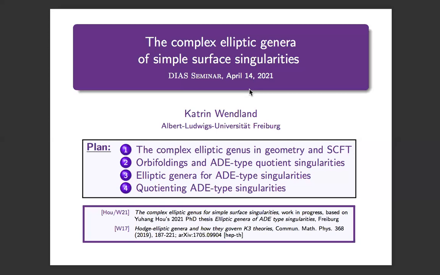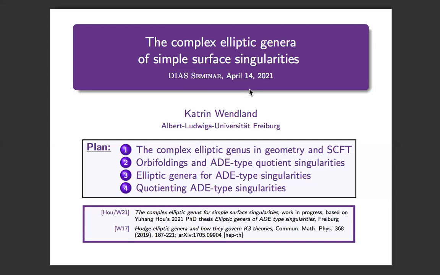So in geometry, the Euler characteristic in some sense gives information about the cohomology of the manifold you're looking at, the dimension of cohomology spaces there. And on the conformal field theory side, what you're really doing is counting certain states, counting BPS states. Elliptic genera can be viewed as variants of, or refinements of, the Euler characteristic.